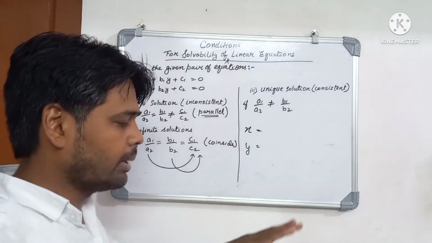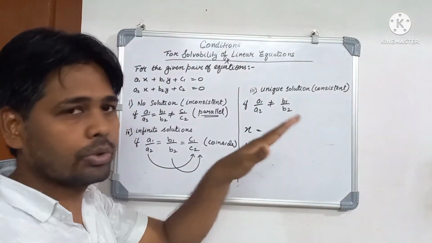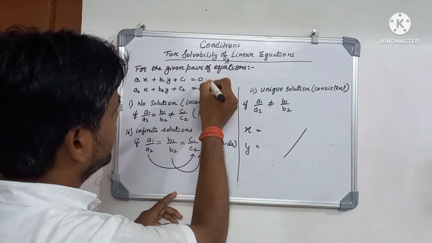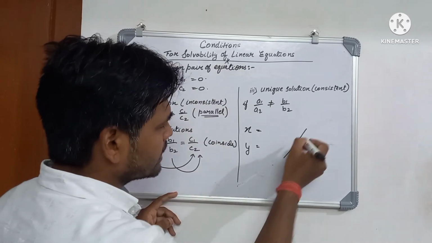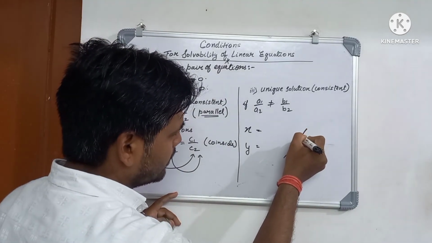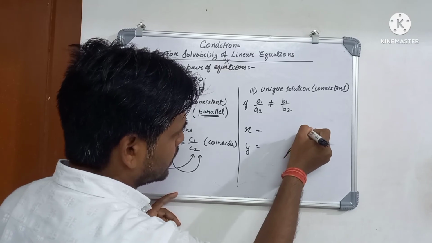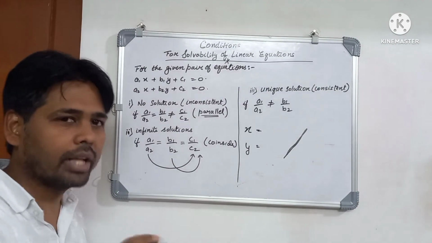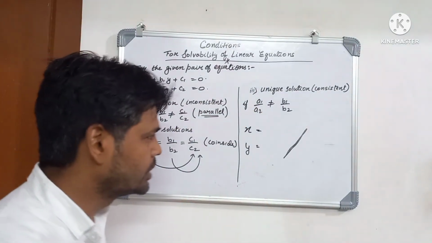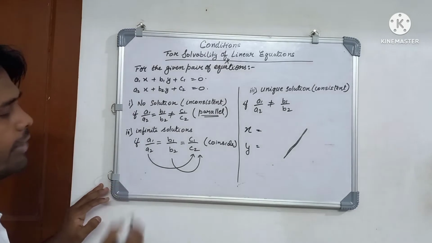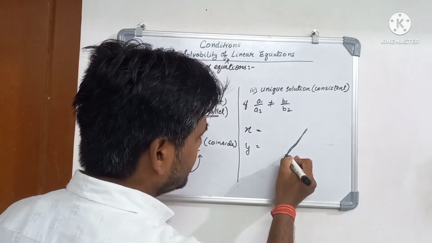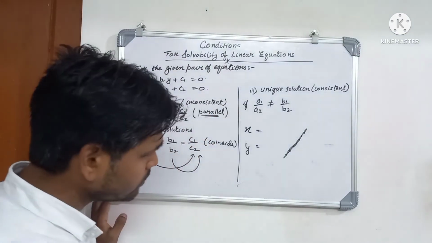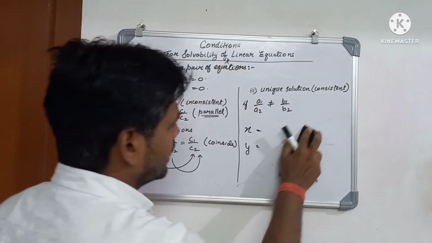Suppose this is the graph of the first equation, equation 1, and this is equation 2; the same line will be formed on each other. That means the pair of equations will coincide. Therefore, it will have an infinite number of solutions, because this line is made up of different points, and each point is treated as a solution for the given pair of equations.